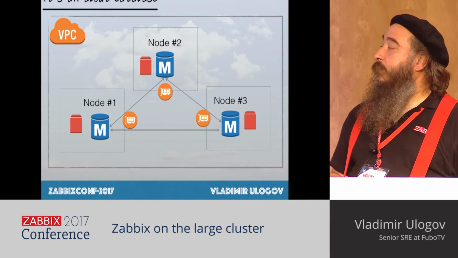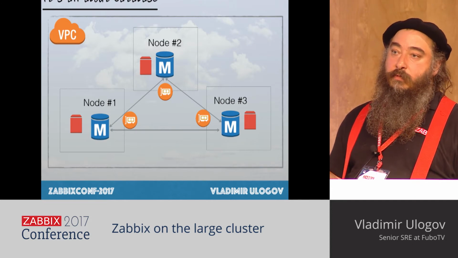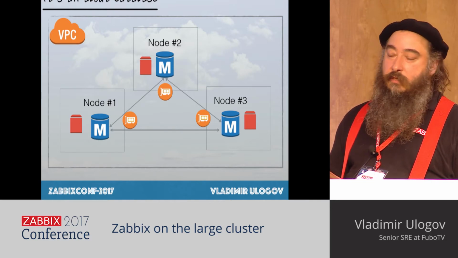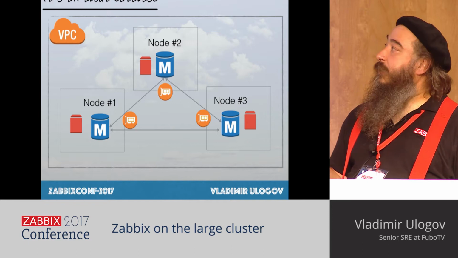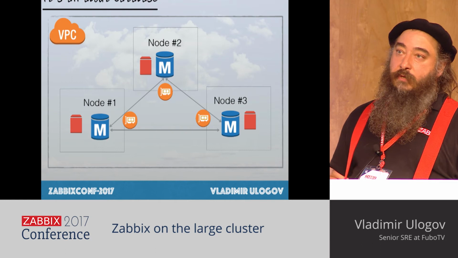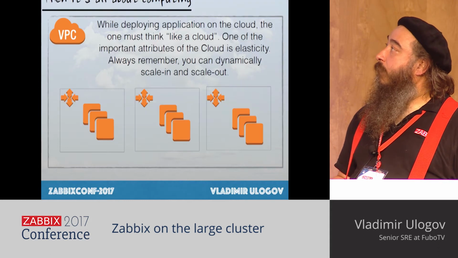So first, database, very important. Never ever think about deploying a single instance of the database, because if this database goes down, yes, Zabbix goes down. In my experience, 3 databases in master configuration is what's generally required.